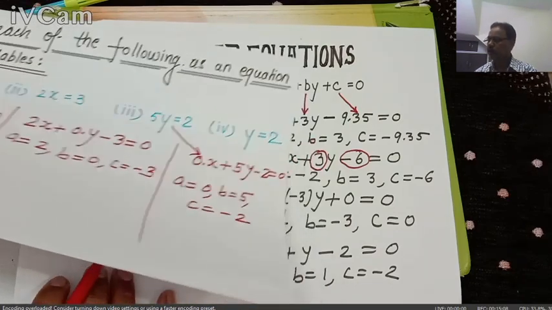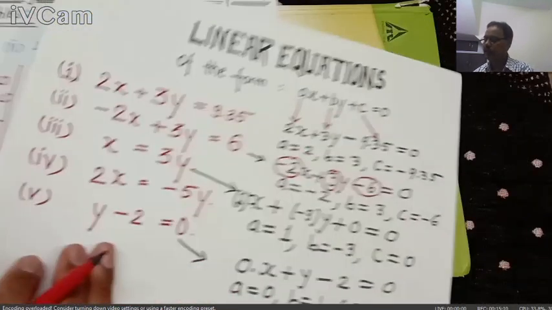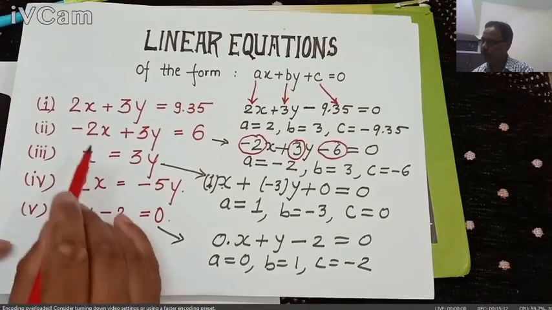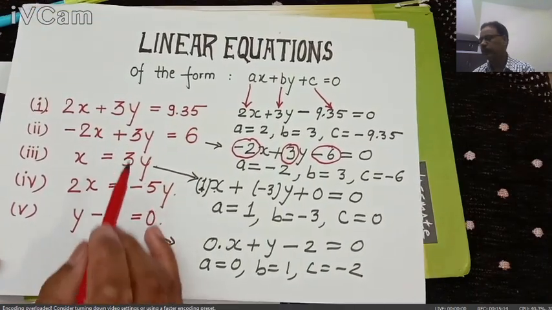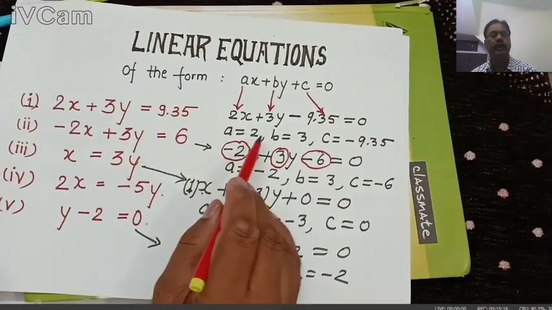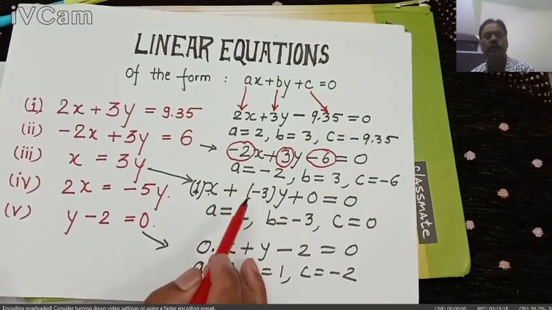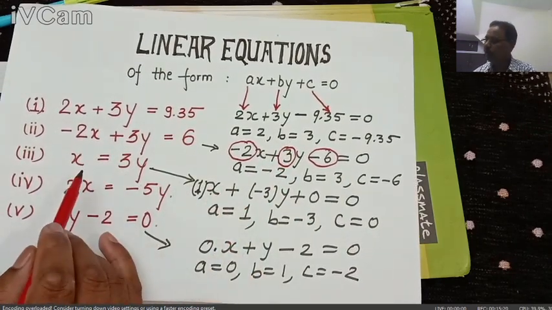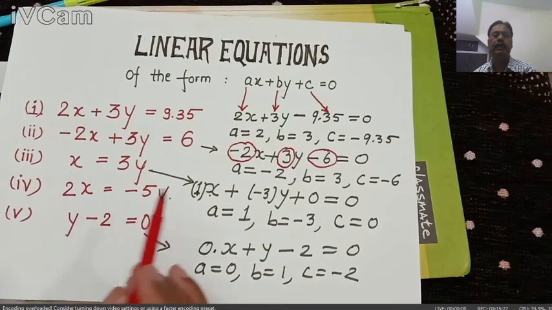So here we have already written, we were having both the variables, we can write it in the standard form ax plus by plus c equal to 0, and also we have written the values of a, b and c.